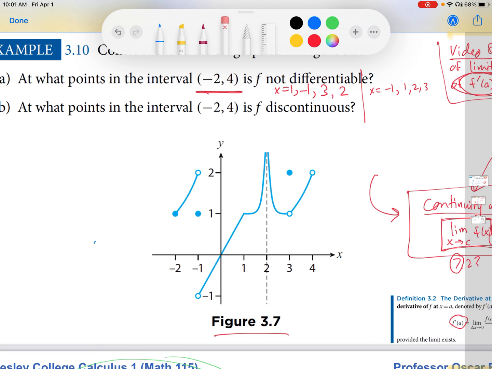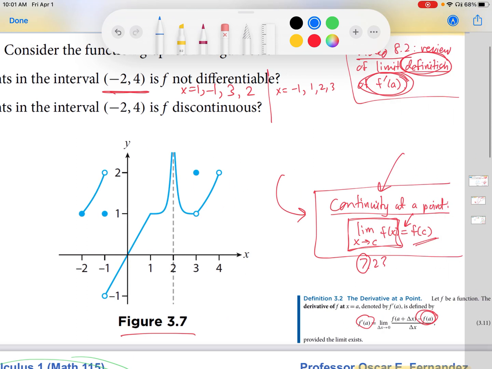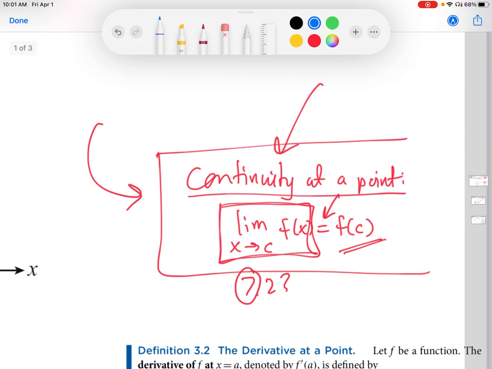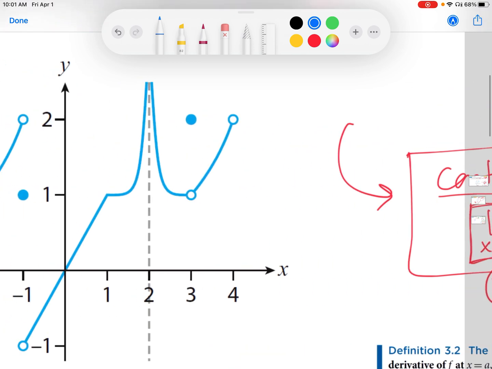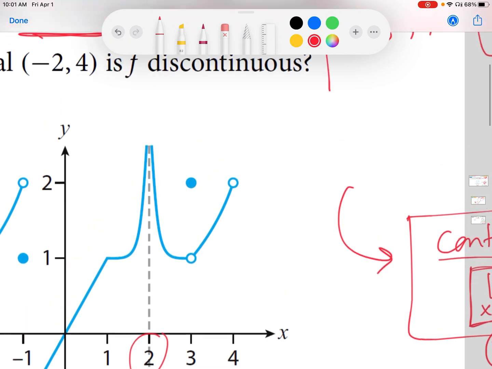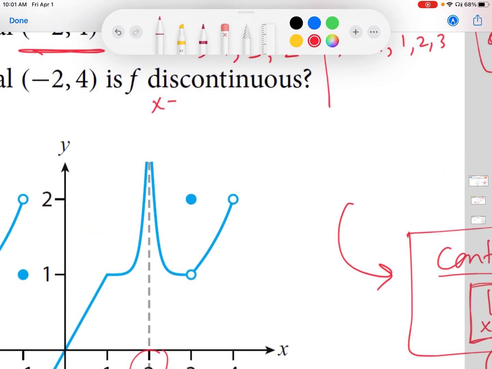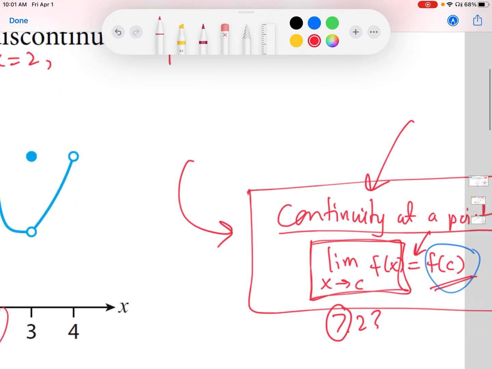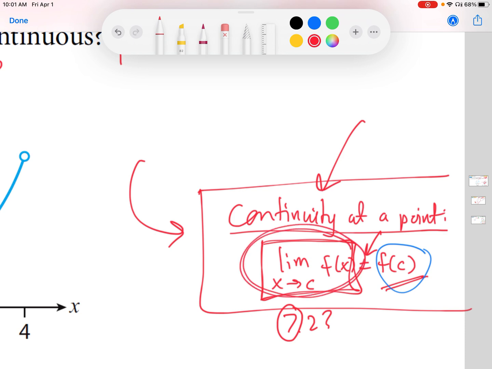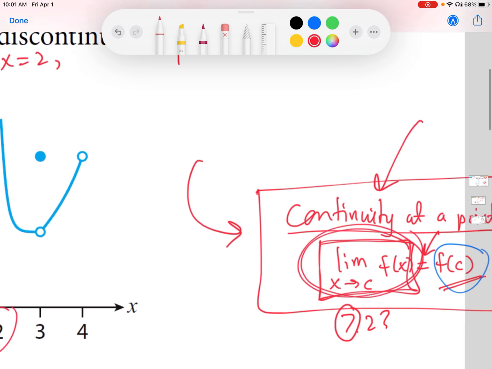Okay, so in terms of the math of this definition, if the function value does not exist, discontinuous. So already we know here at x equals 2, we have a discontinuity because the function is not defined there. So we'll add that up here. Also, if the left and right limits are different, then the two-sided limit doesn't exist. Function is not continuous.